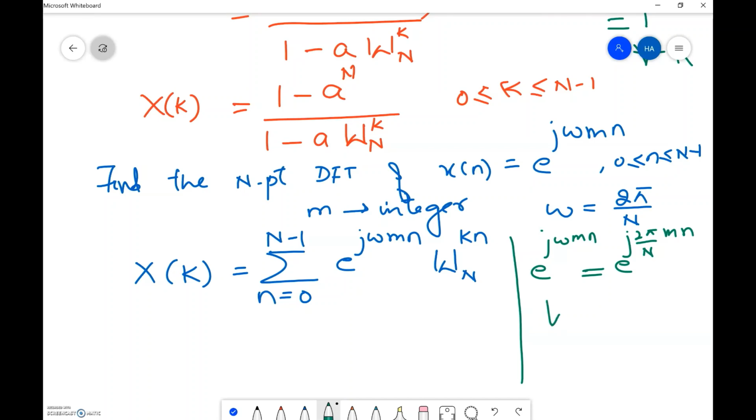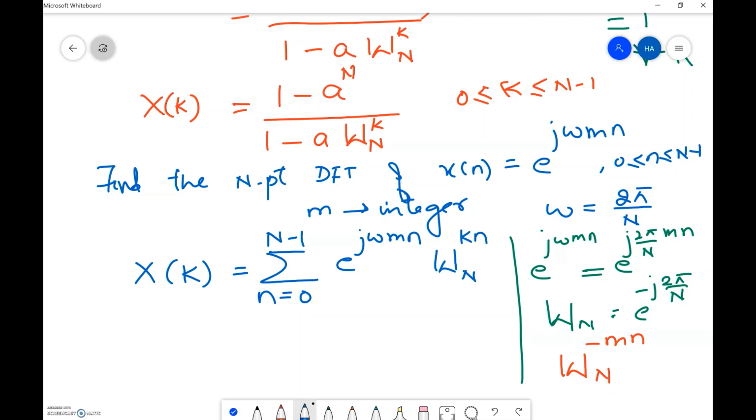What is W_N? The notation of W_N is e to the power minus j 2 pi by N. This is the notation for W_N that we are using. So if I have to write this exponential as W_N, it will be W_N to the power minus mn.